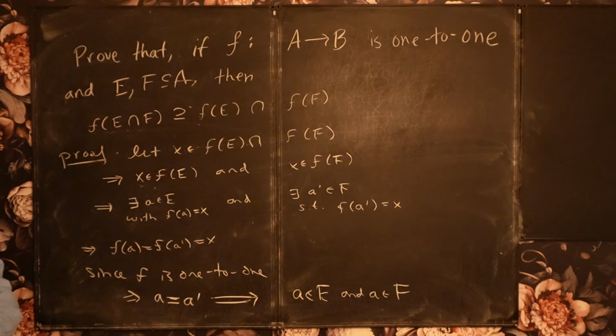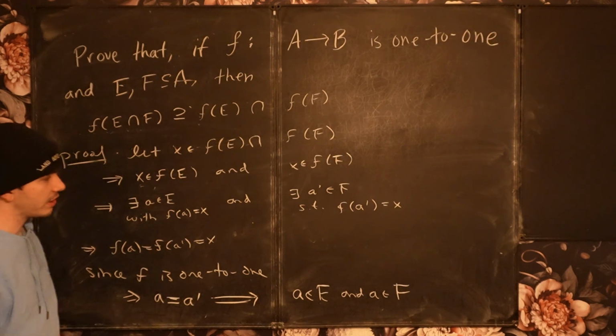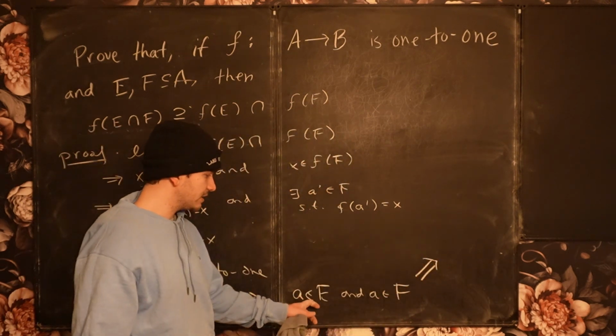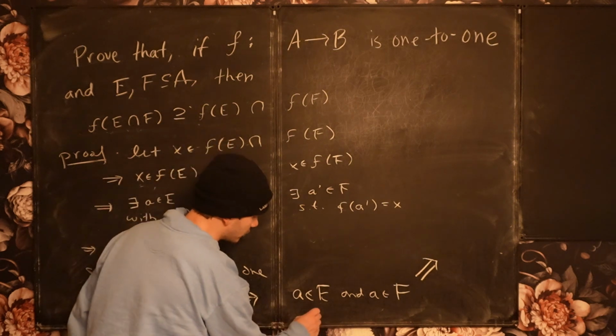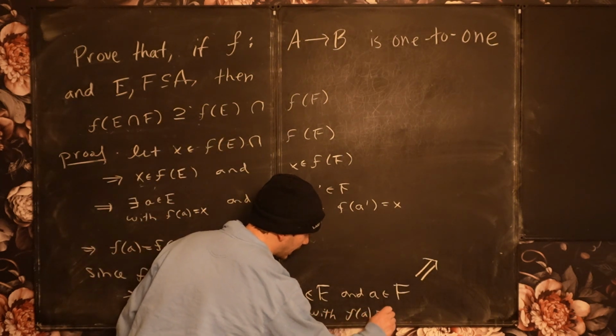Sorry, I'm trying to think about how to conserve space. Maybe I'll just go on the edge of the board here. So a is in E and a is in F with, again, f of a equal to x.